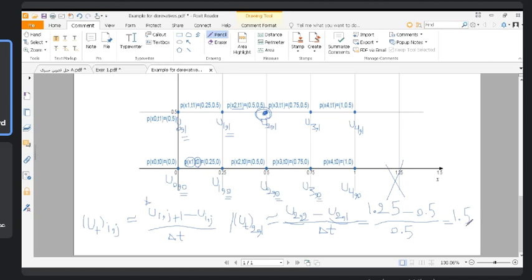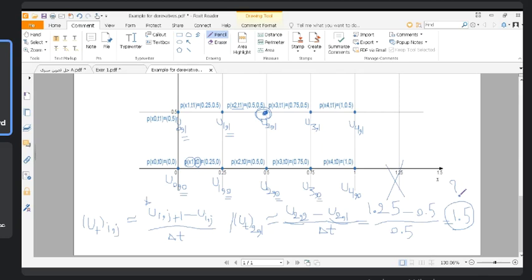Okay. Let me ask you some question. 1.5, what is 1.5? Is it the value of the derivative, the value of u? It's the approximation.